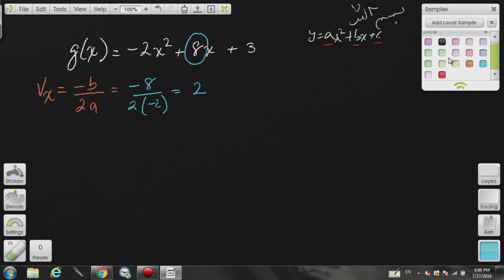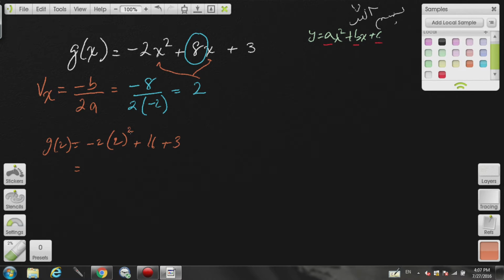Alright, now we find the Vx. Now, how do you find the Vy? Well, you substitute the x value in the y over here. Yes, you substitute that. So you find g of 2. You get negative 2 times 2 squared plus 8 times 2 is 16 plus 3.